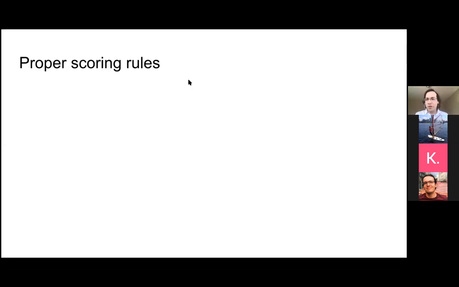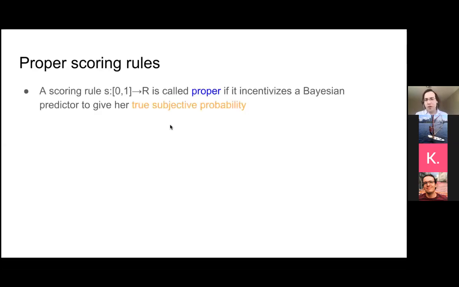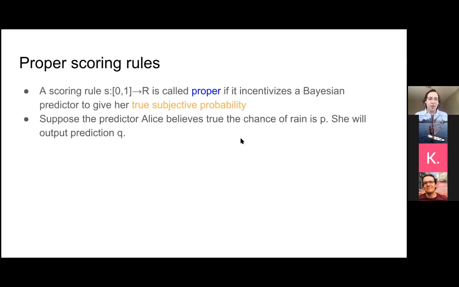Okay, so we say that a scoring rule is proper if it solves the question from two slides ago, if it incentivizes a Bayesian predictor to give her true subjective probability. What does that mean? It means suppose the predictor Alice believes that the true chance of rain is P, and she outputs prediction Q. So she might lie about what she really believes.